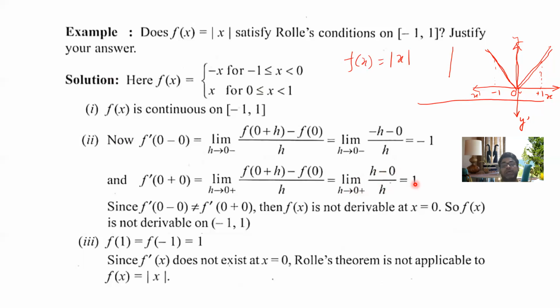So the left derivative and right derivative at x equals 0 are not the same. That's why f(x) is not differentiable at x equals 0.